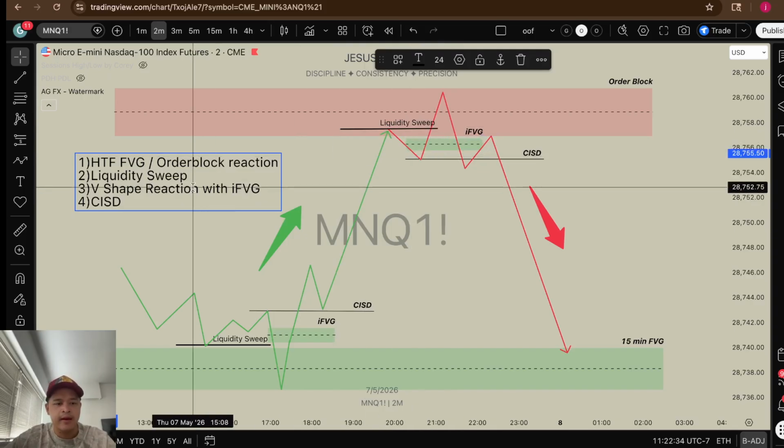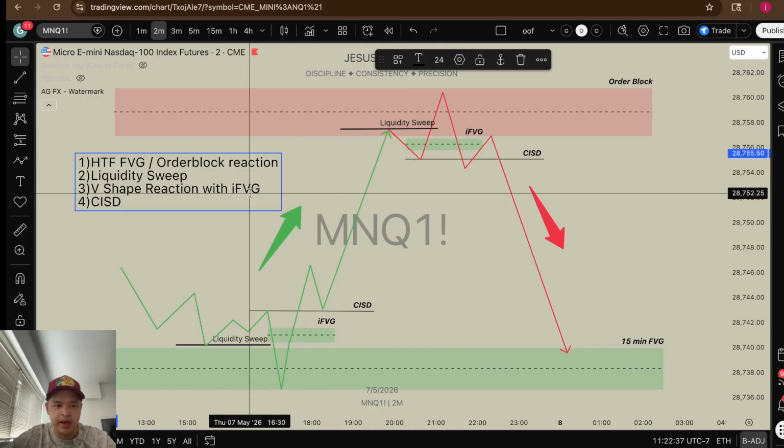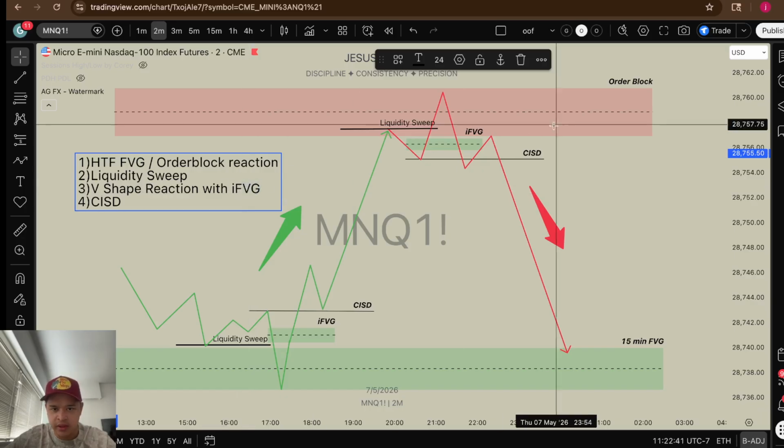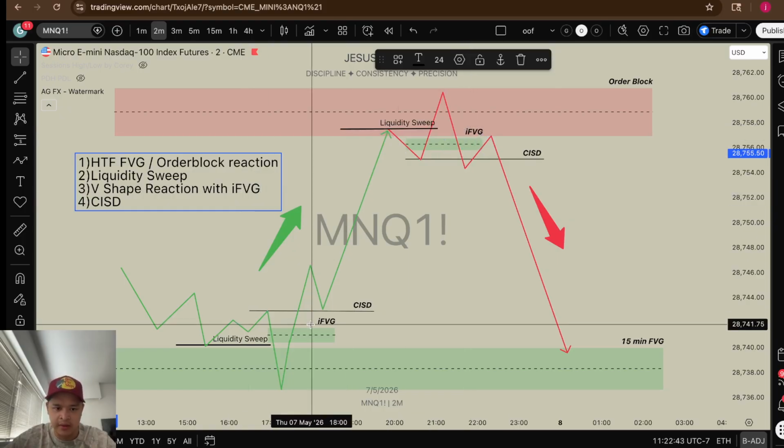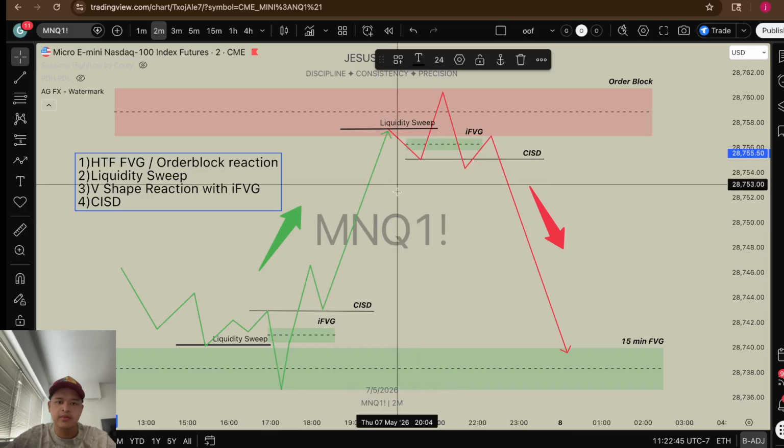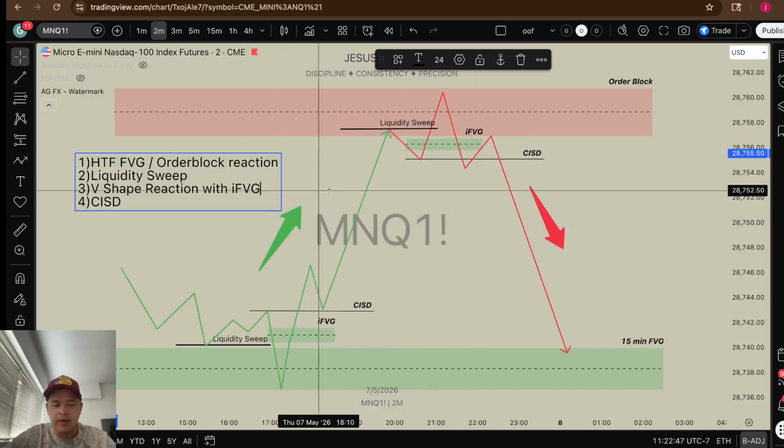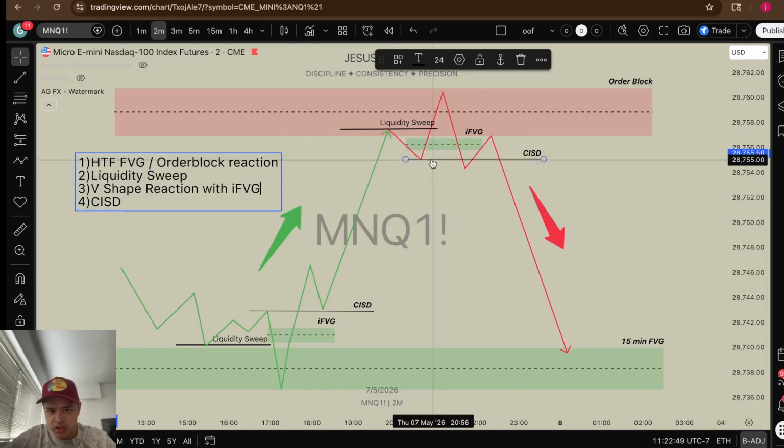Remember that. And then in that V-shaped reaction, there should be an inversion fair value gap. And then there should be a change in the state of delivery.